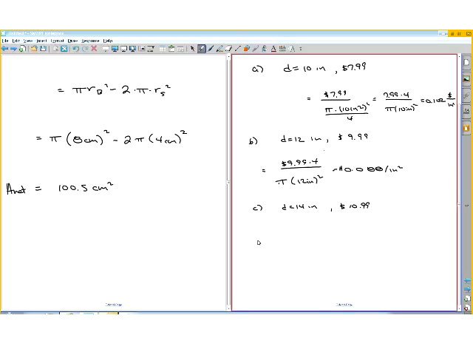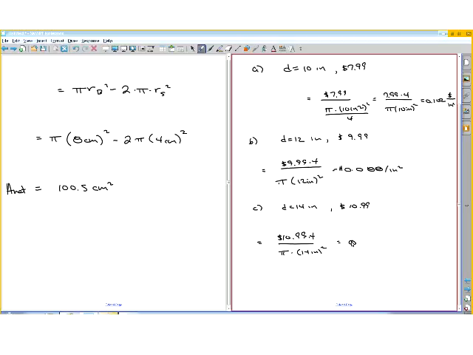And then finally we go to the biggest pizza, which is $10.99 times 4 divided by pi times 14 inches quantity squared. So I'm going to change my pizza to $10.99 times 4 divided by pi divided by 14 squared, which I think is 196, but I'm just going to put 14 squared in there.